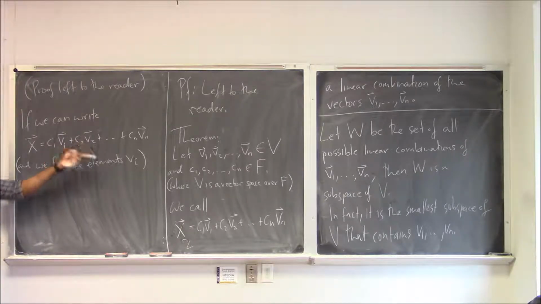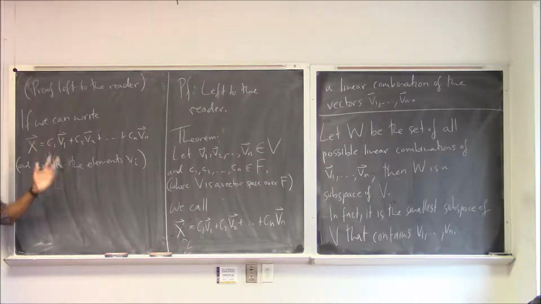So I don't want a rearrangement of these things, guys. Even though sums, I know they're commutative, but I want V1 to always represent a particular guy. V2 always represents a particular guy, so I don't want this to change based on rearrangement.